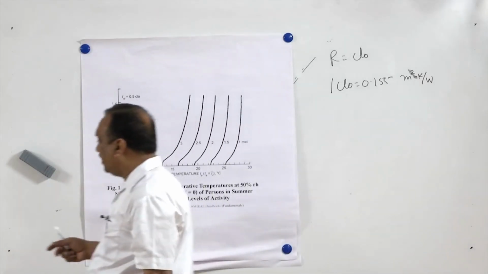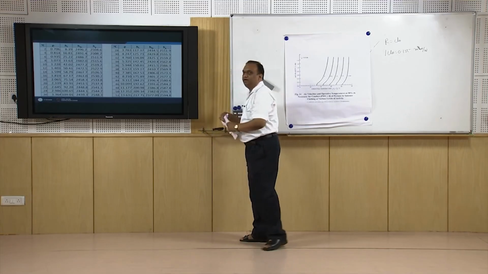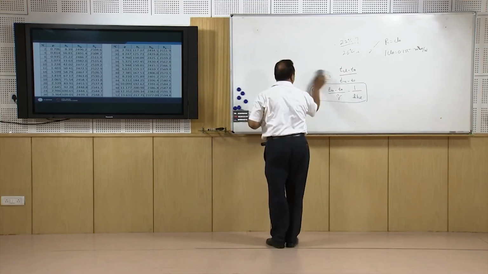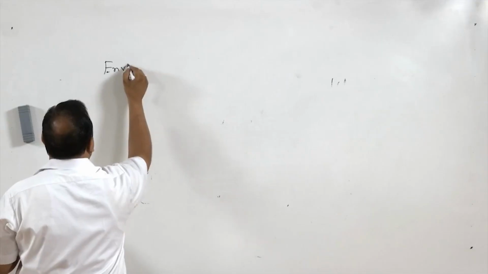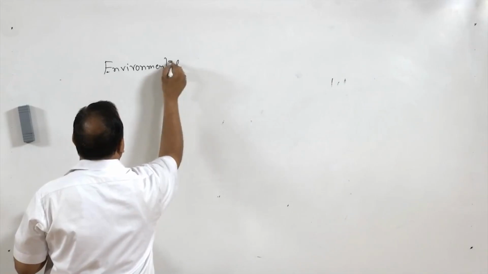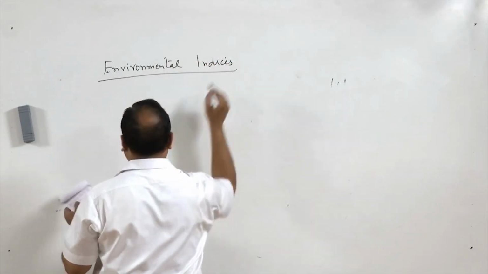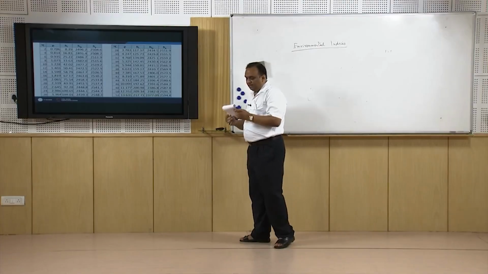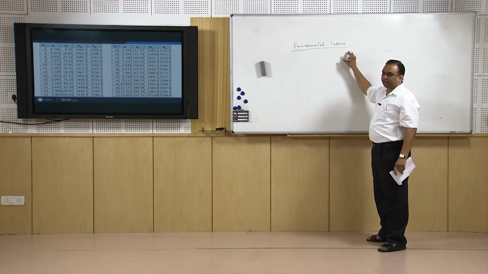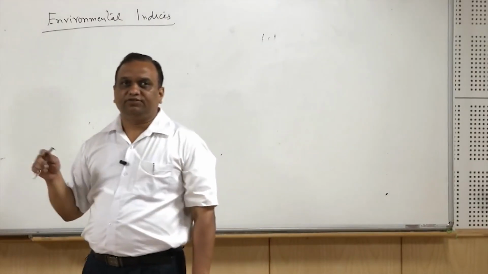After this, we will start with the last topic to be covered here, environmental indices. Now, environmental indices are a combination of 2 or more parameters into a single parameter.